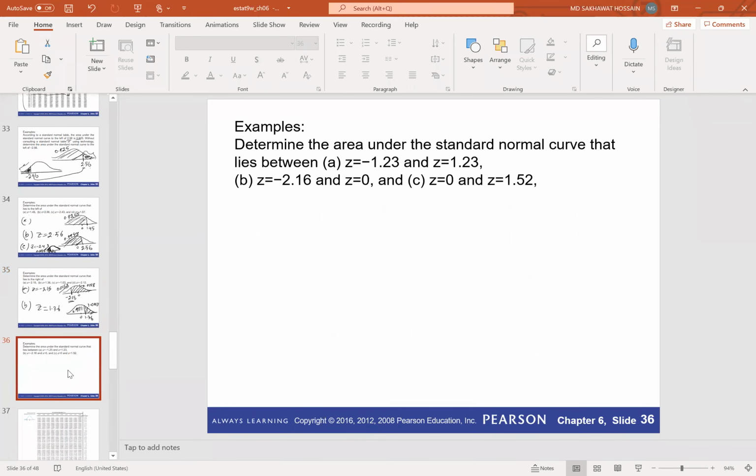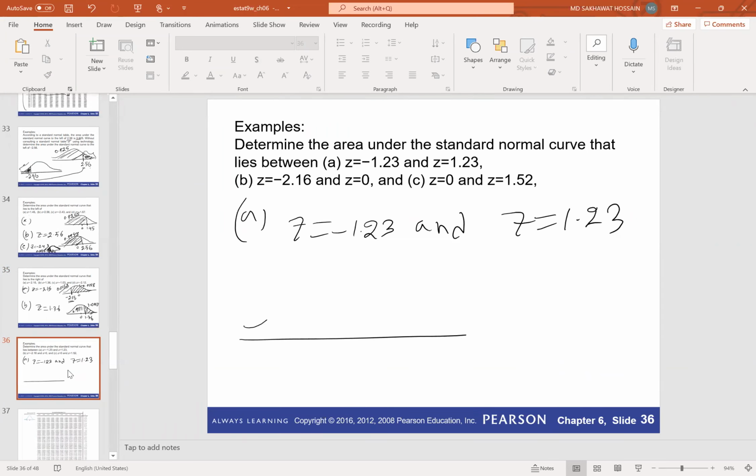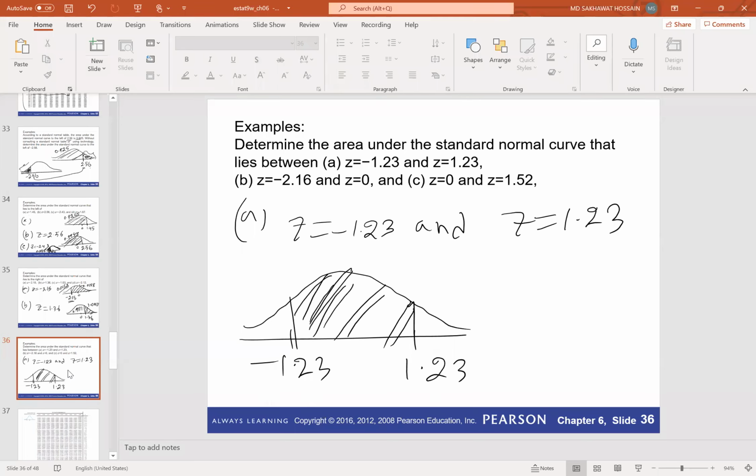So now we'll calculate the area between two numbers. Part A, area between z equals negative 1.23 and z equals 1.23. So this is negative 1.23 and this is 1.23. We have to find the area between these two numbers.